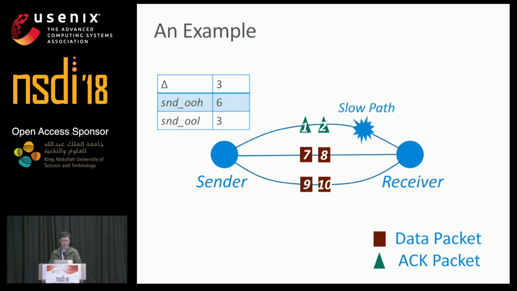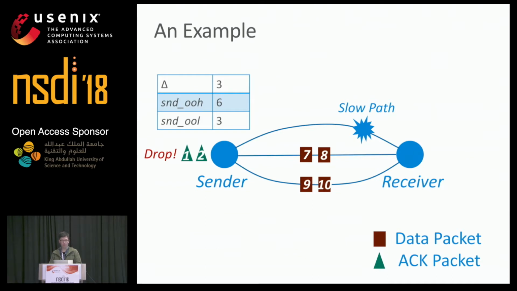However, when the ACK from the slow path comes to the sender, its PSN is lower than the send OOL pointer. So multipath RDMA thinks it comes from the slow path, so it will drop the ACK and decrease the congestion window.